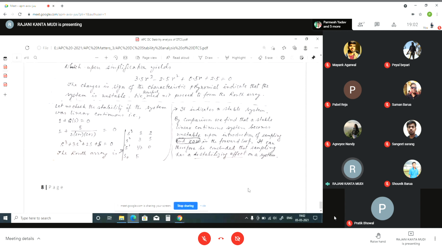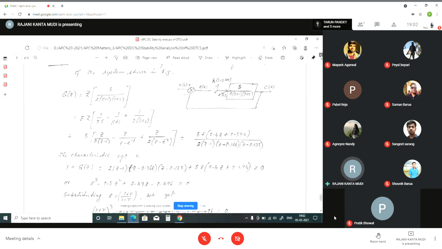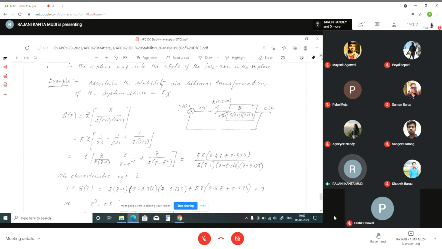A stable system may become unstable due to sampling. During the sampling process, I have shown you that if the sampling period is T, an additional delay of T by 2 is introduced.